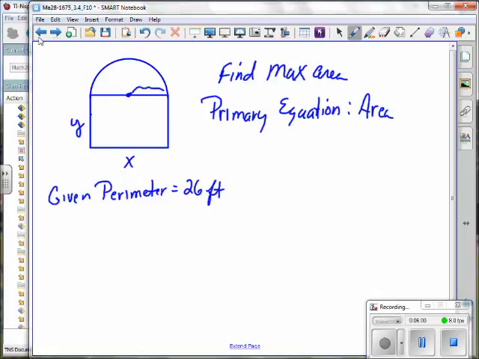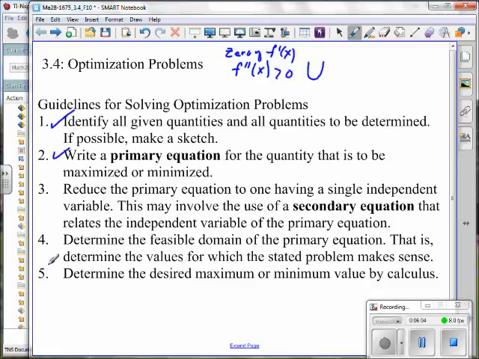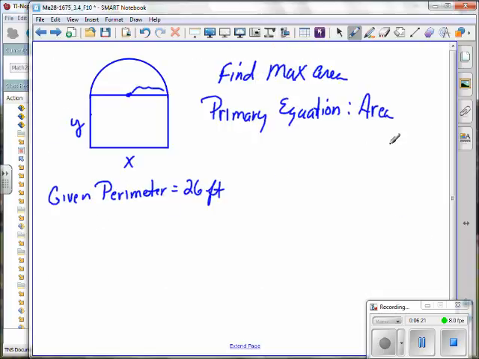Let's go back and see what else we have here. Now we don't have it written down yet, but we know what we're going to go for. Reduce the primary equation to one having a single independent variable. This may involve the use of a secondary equation. If I'm going to write area here, the area of this whole window, I'm going to have to involve y and x in that area. Do you see that? Area of the rectangle is going to be x times y.